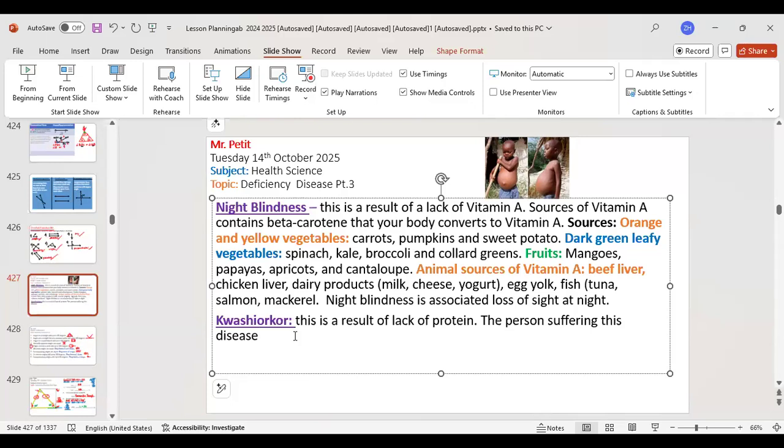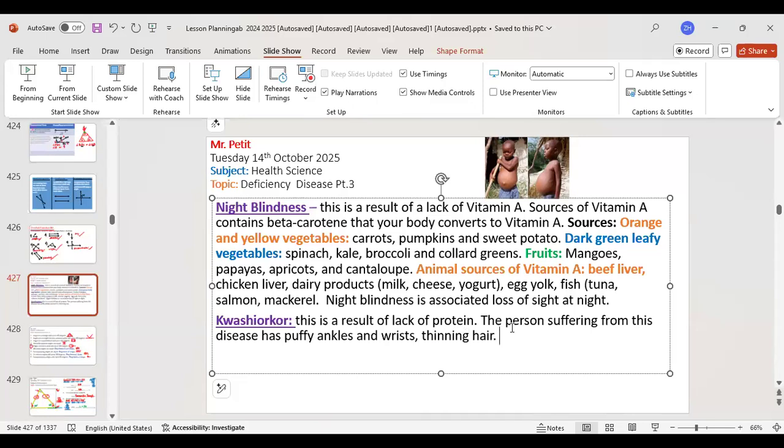Okay, so the person suffering from this disease has puffy ankles and thinning hair. As you can see, the young man has thinning hair.